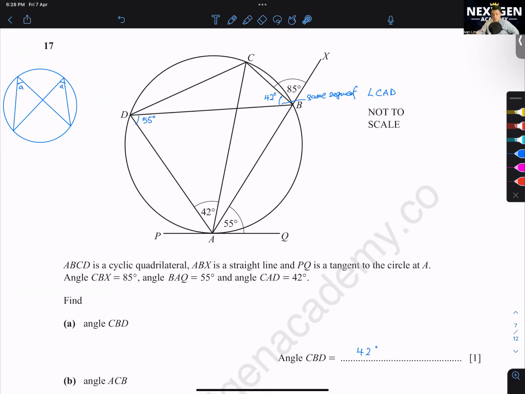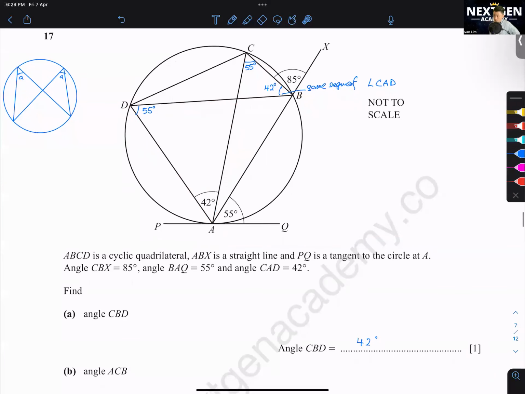ACB will be the same angle as 55. There are two ways to look at it. Very good, Chin Yuan. We can use the alternate segment theorem, where this angle is the same as this angle. Can you see here? So here is actually 55 degrees also. It really depends how you see it.